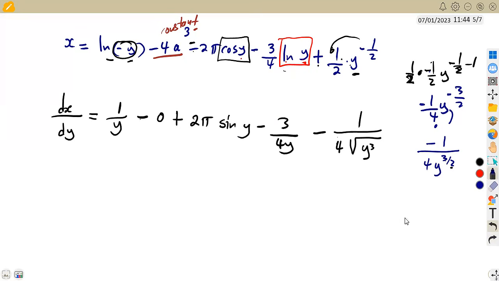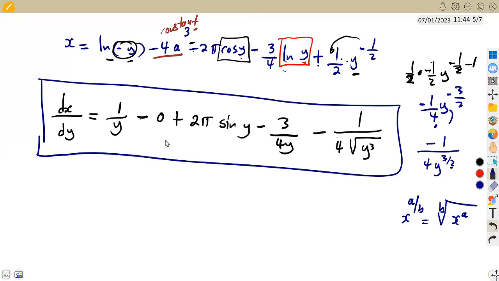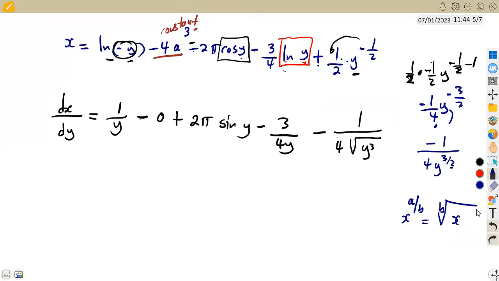That's here from our laws of exponents. x to the exponent of a over b means the bth root of x to the exponent of a, like this. So that is what we can have our final answer as. So we can have our final answer in this case as dx dy. Take note, it's a derivative of x with respect to y in this case. So this is what you're going to have at the end.